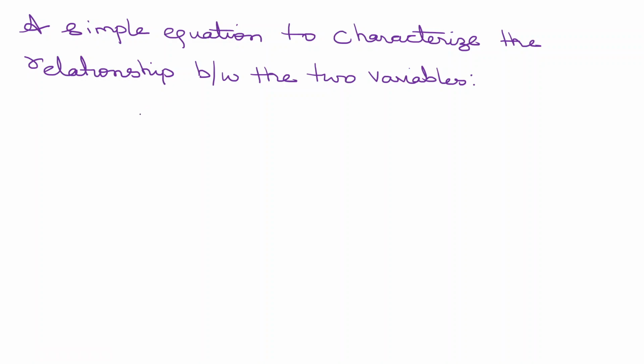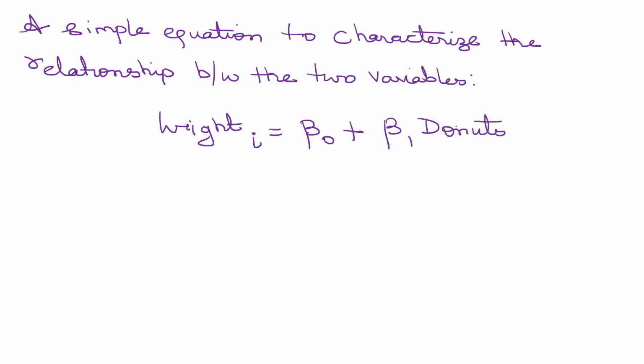So this equation is weight i equals beta naught plus beta 1 donuts i plus epsilon. Now let us understand the meaning of all these terms.